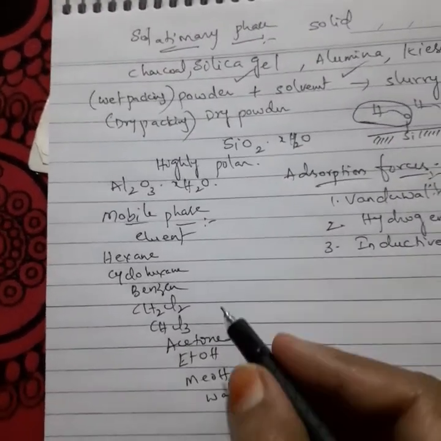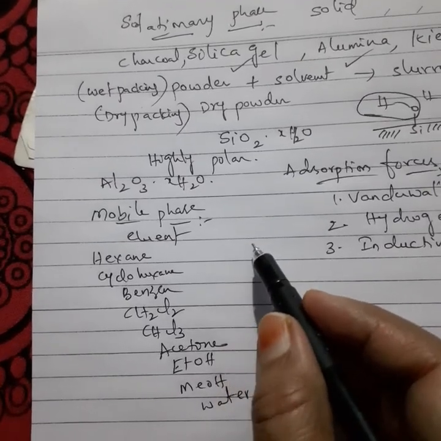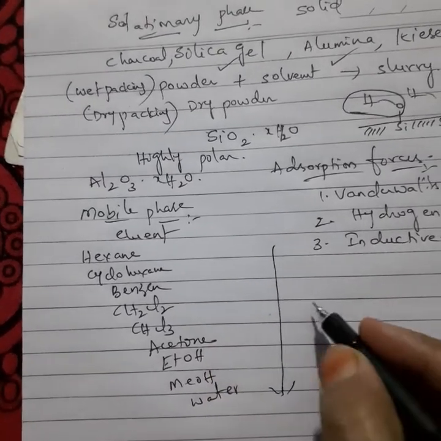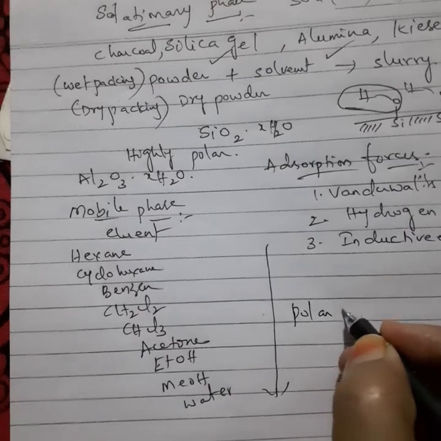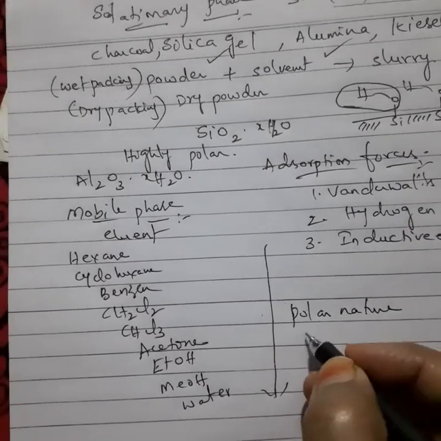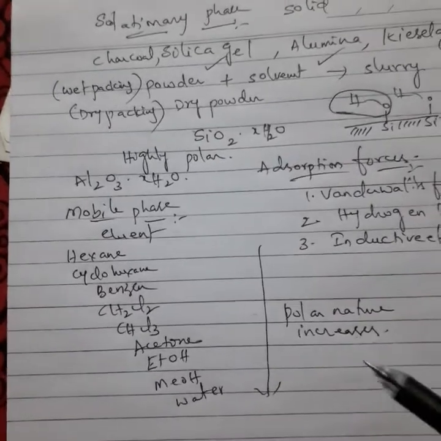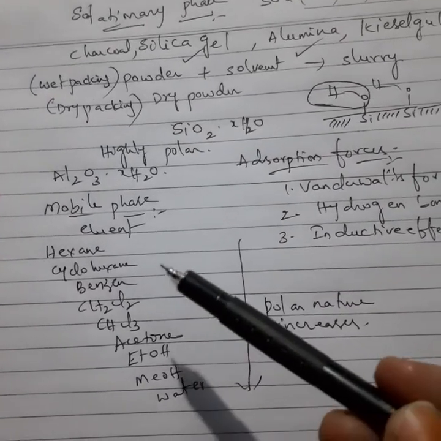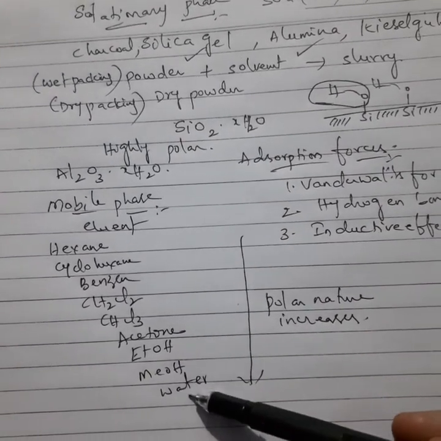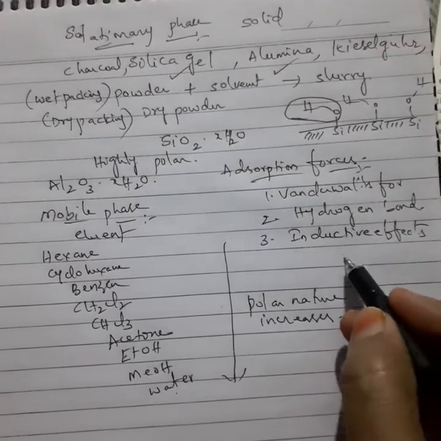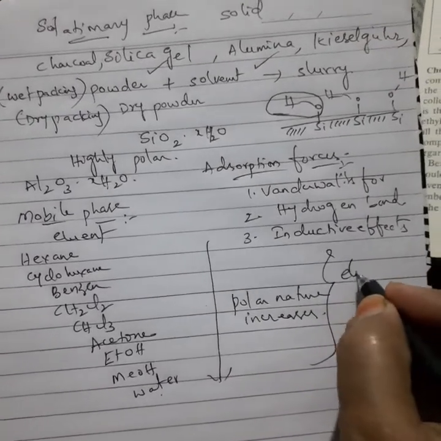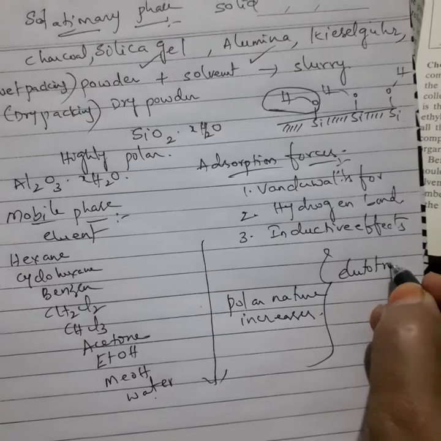When you are coming from top to down, its polar nature increases. So depending upon their polar nature, these eluents are placed in a table. This we call the eluotropic series.